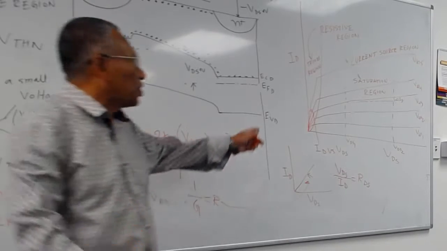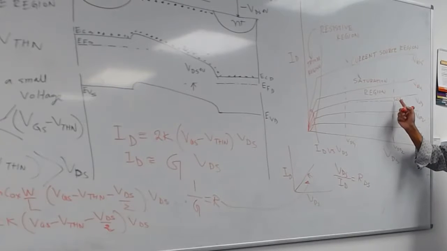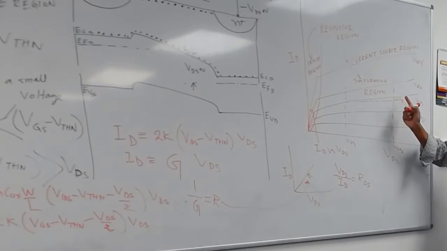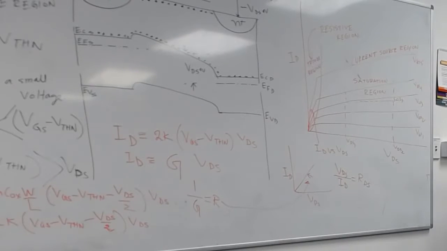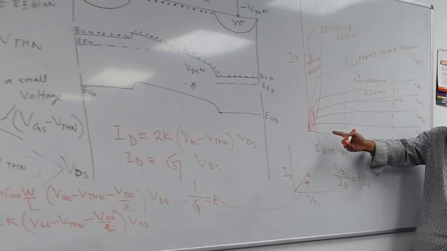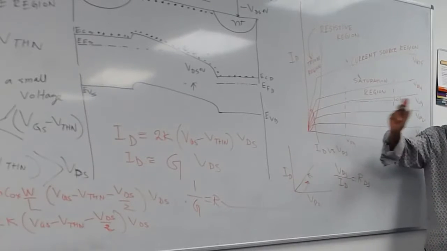Here it is like a current source, but with a small resistance, so it's not ideal. If it were ideal, this line would be totally flat and RDS here would be infinity, more or less undefined, and doesn't have any use. So when we say RDS, we really mean the value of the resistance here in the triode region, which is useful information.